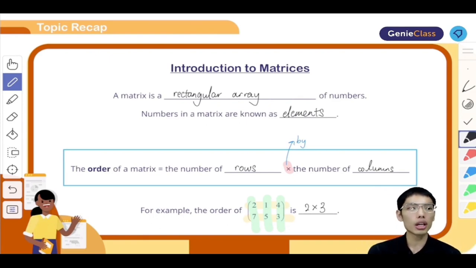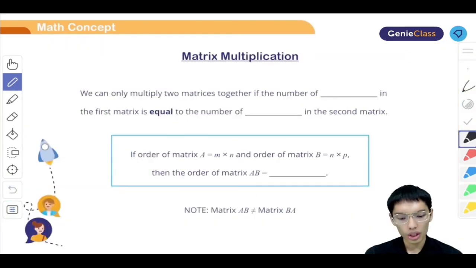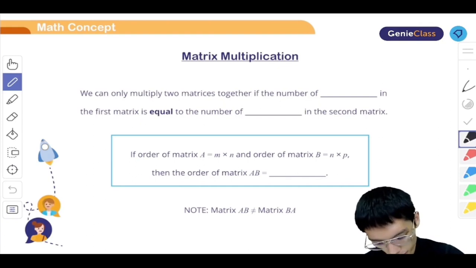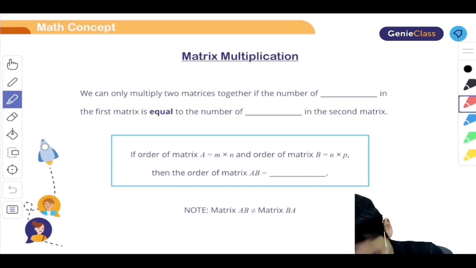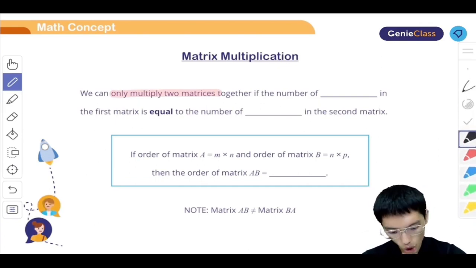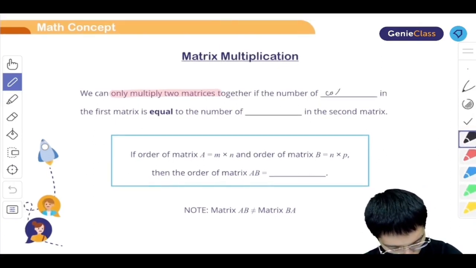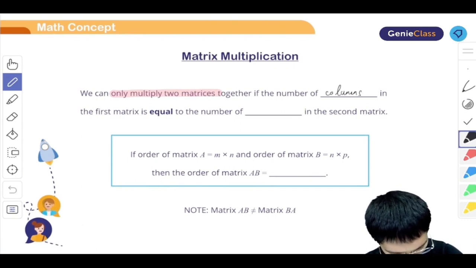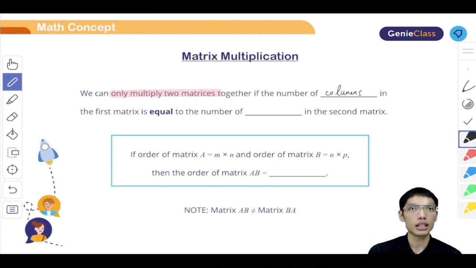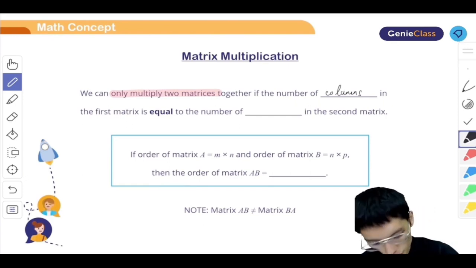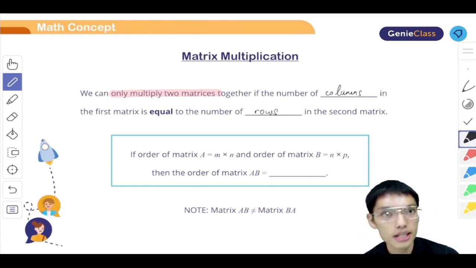Now, knowing the order, we need to understand something very important before we go on to the concept of matrix multiplication. There is a particular rule that we need to take note of. We can only multiply 2 matrices if the number of columns in the first matrix is equal to the number of rows in the second matrix.